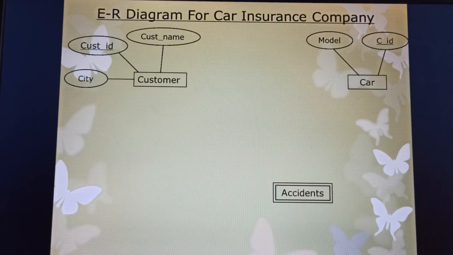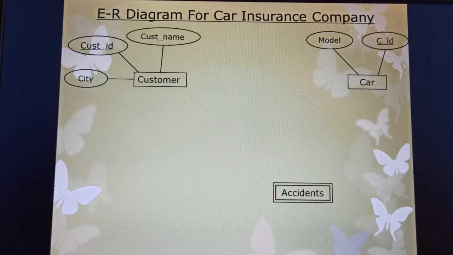Therefore accidents is represented using a double rectangle because it is a weak entity set. Also observe that CID and customer ID are represented using underline because these are the primary key attributes of the particular customer and car entities.